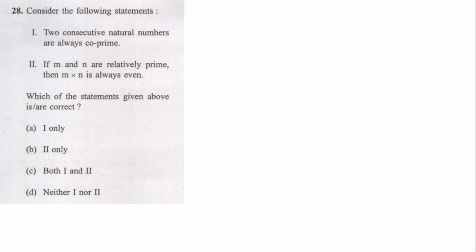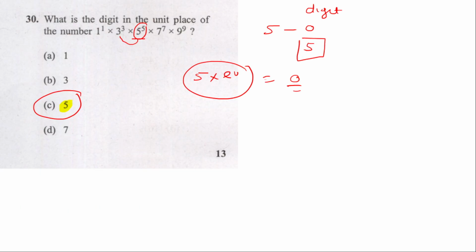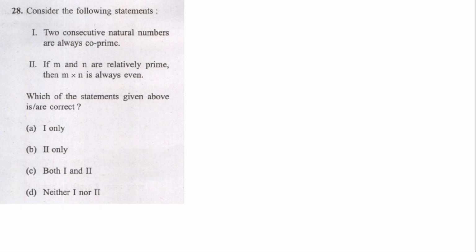Next question. Two consecutive natural numbers are always co-prime. Is it so? First, what are co-prime numbers? Co-prime numbers are those numbers whose HCF is 1.